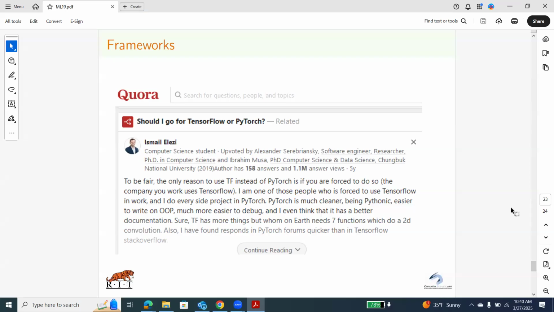So we will use PyTorch because we are not forced to use TensorFlow. But again, the differences are very minor. If you learn one framework, you will easily work with another framework. It's kind of like Python and NumPy, so very similar.